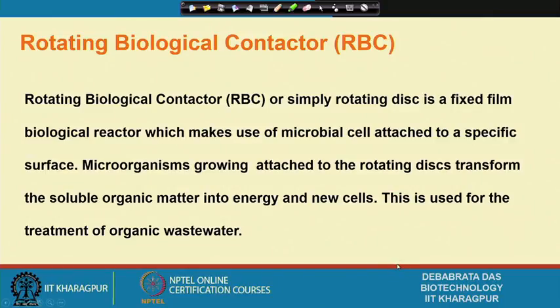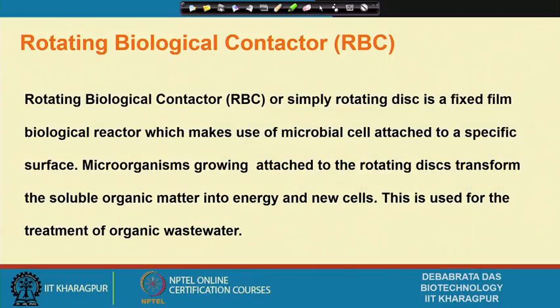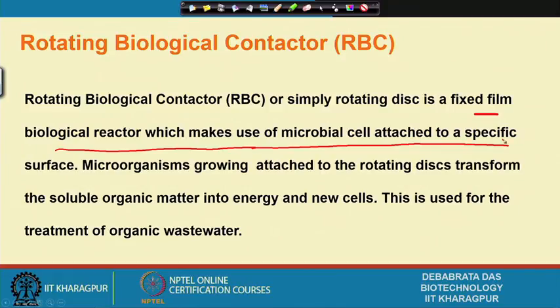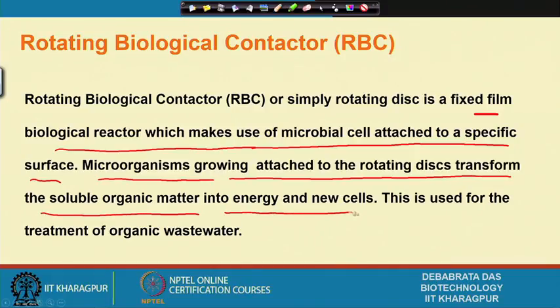So, another very interesting thing I want to share with you is the rotating biological contactor. The rotating biological contactor is a simple rotating disc with a fixed film biological reactor, which makes use of the microbial cell attached to a specific surface, and microorganisms growing attached to the rotating disc transform the soluble organic matter into energy and new cells.